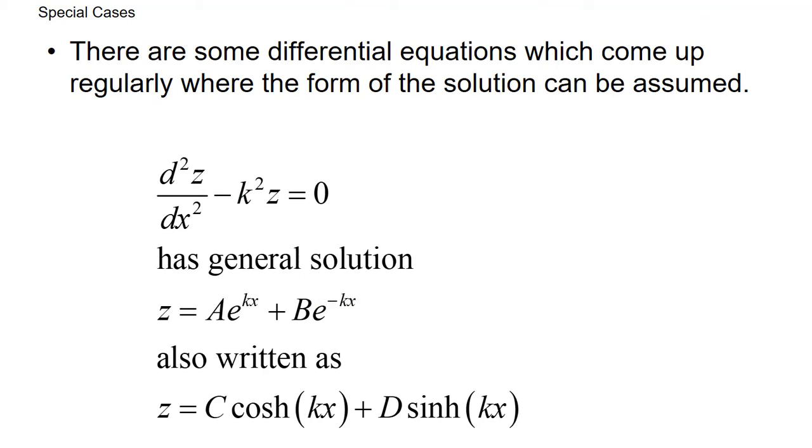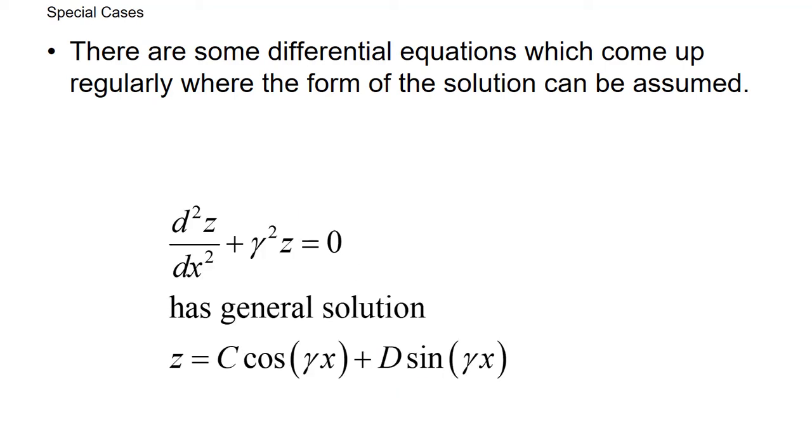And then, depending on whether you prefer to work in exponentials or hyperbolics, you can also write it as c times the hyperbolic cosine of kx plus d times the hyperbolic sine of kx. So that's one that comes up a lot.